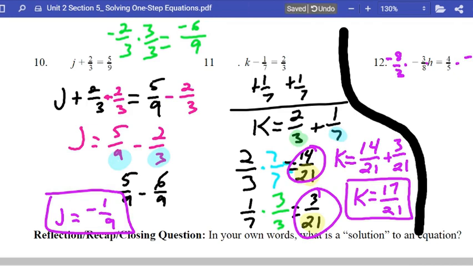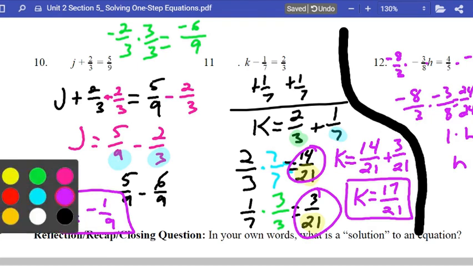And you'll see that the reason for that is negative 8 over 3 times negative 3 over 8 is equal to 24 over 24, which is just 1. So now the left side becomes 1 times h, or just h. Now the right side, though, we have that fraction to multiply.